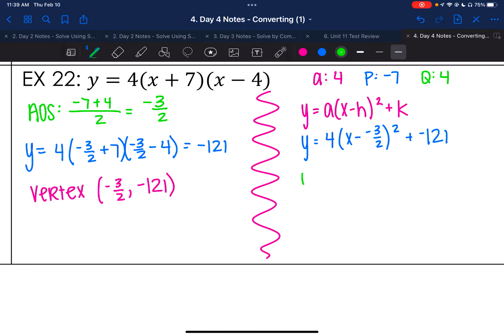We'll simplify that down, get rid of some extra negatives to leave me with 4 times x plus 3/2 squared minus 121. And that is your final answer in vertex form.